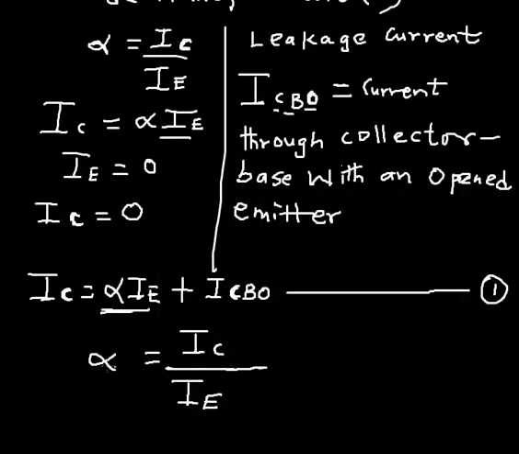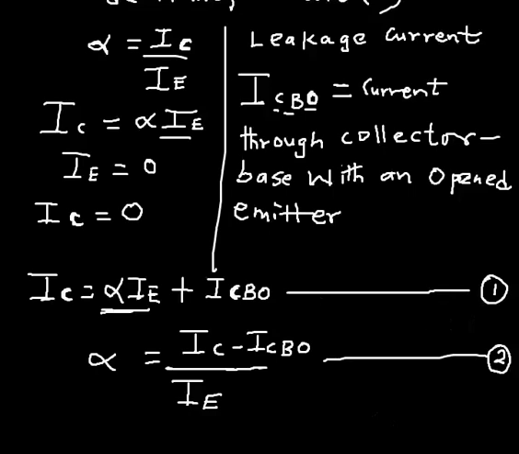So with leakage current, alpha, my DC transfer ratio, is IC minus ICBO. Call this equation 2. I hope that is well understood.